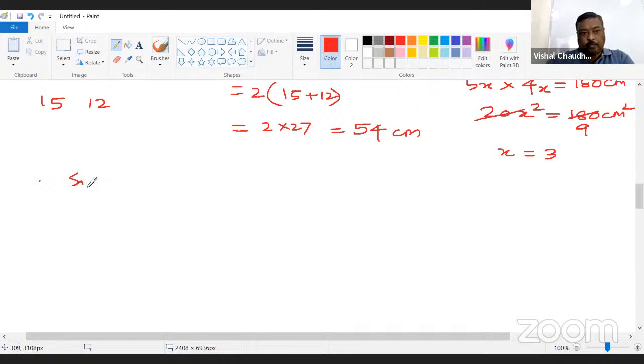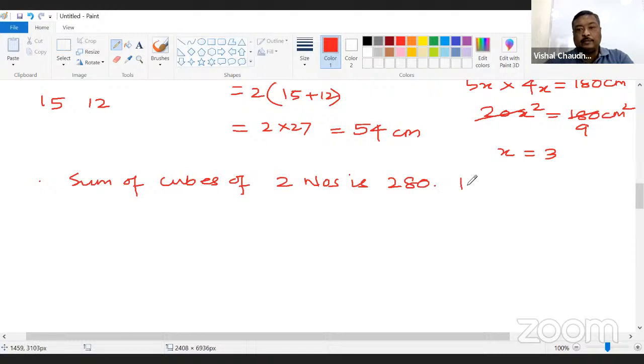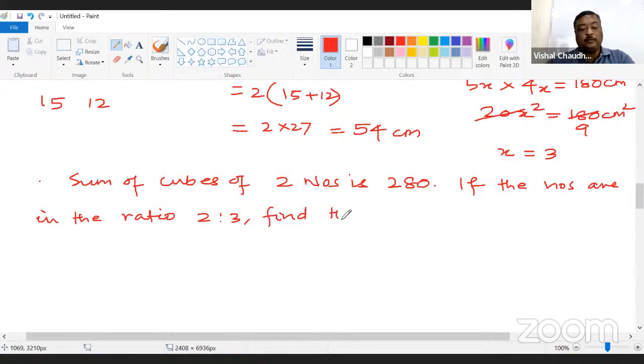If the numbers are in the ratio 2 is to 3, find the smallest number.